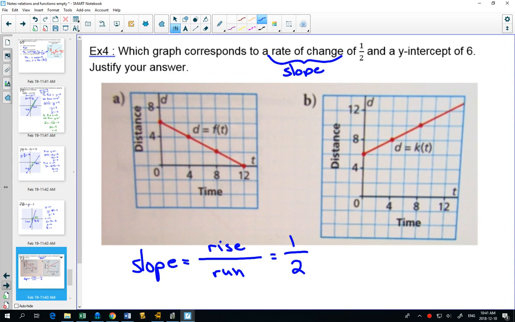So if we take a point on our graph, the starting point here, we have a rise of 1, which means goes up 1. A run of 2 over 2. Go to this one, a rise of 1, a run of 2. Which one matches up? The second one. Okay?